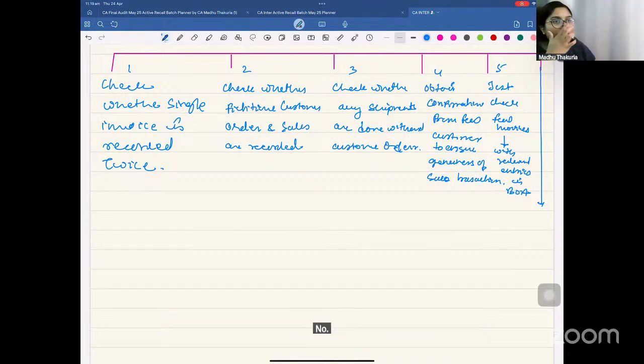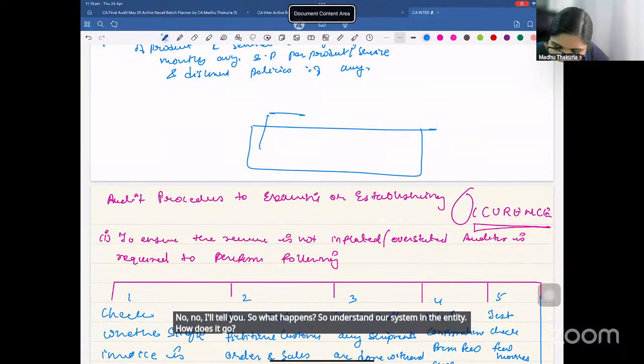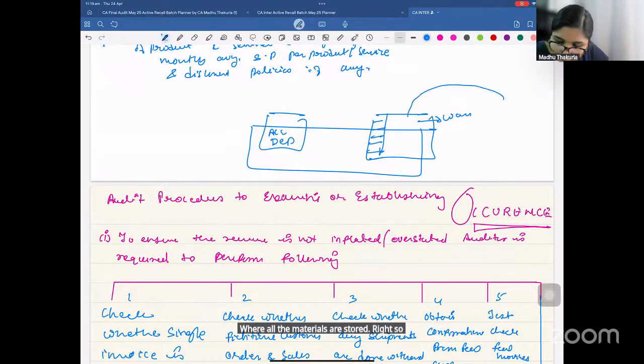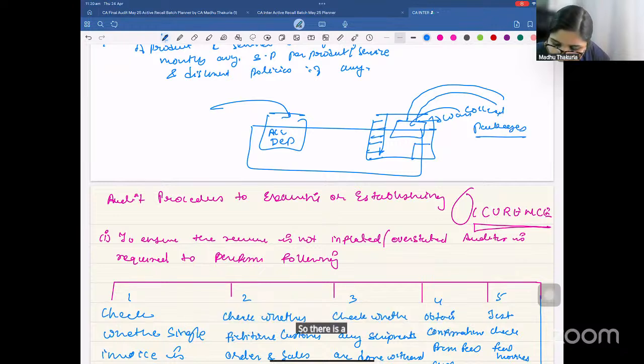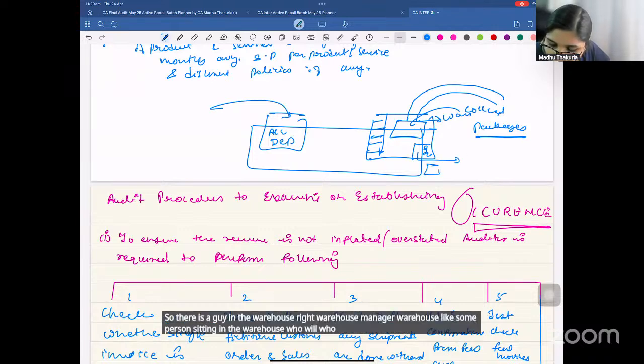No, I'll tell you. So what happens? So understand a system in the entity. How does it go? This is accounts department. This is the warehouse where all the materials are stored, right? So transporter will not go to accounts department. Transporter will go to warehouse to collect the packages. So there is a person in the warehouse, the warehouse manager, who will have a computer system over here.